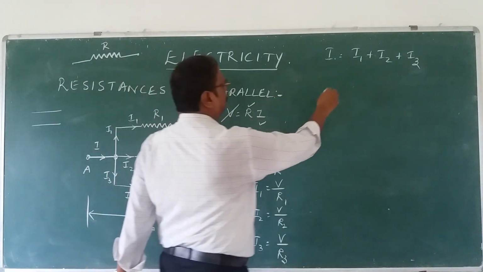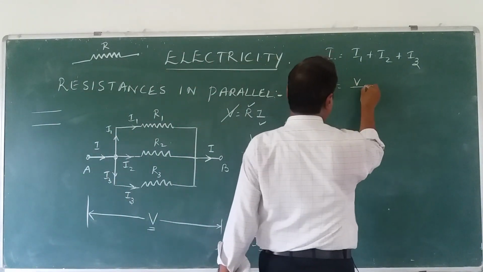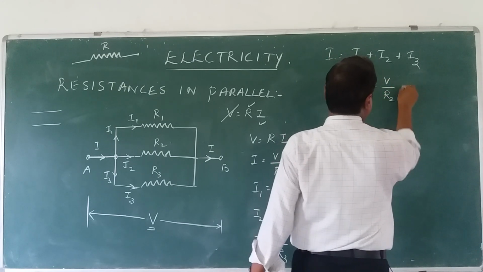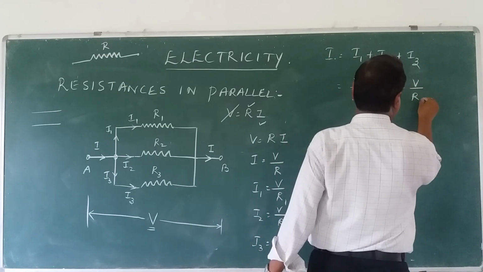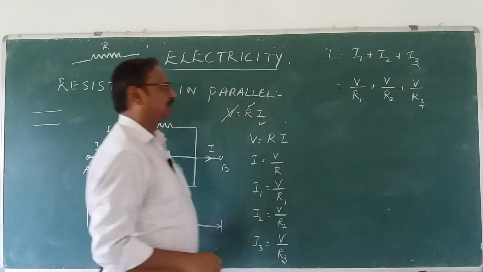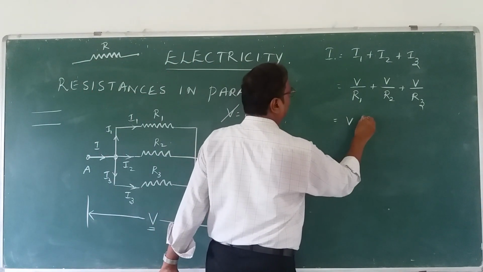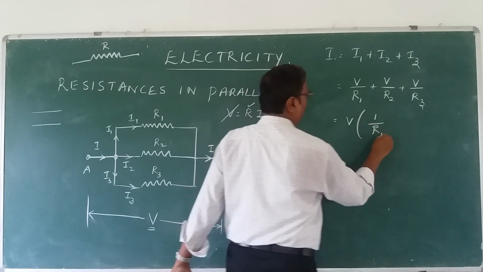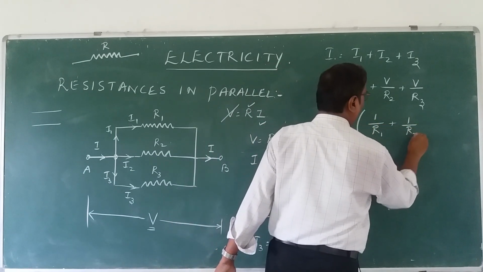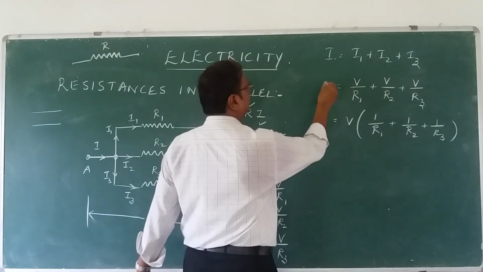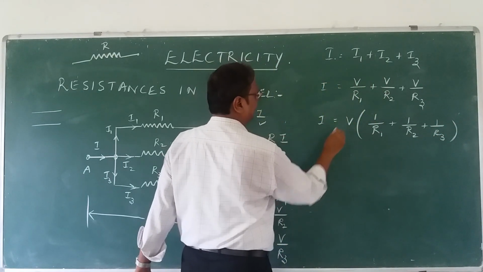Let us substitute in this main equation: V upon R1 plus V upon R2 plus V upon R3. The common factor is V. So, I take V of 1 upon R1 plus 1 upon R2 plus 1 upon R3. This is I.